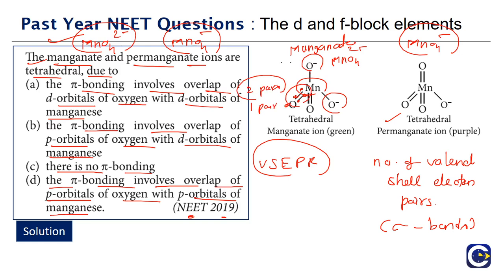We will not count the pi electrons. So the number of valence electron pairs of the manganese: 1, 2. Here we will not count them as two, we only count it as 1. Here also 1. So totally 4 will come, because we are not going to count the pi electron pairs, since the pi bond is formed in the same direction as the existing sigma bond between the two atoms. So 4 means the arrangement will be tetrahedral.